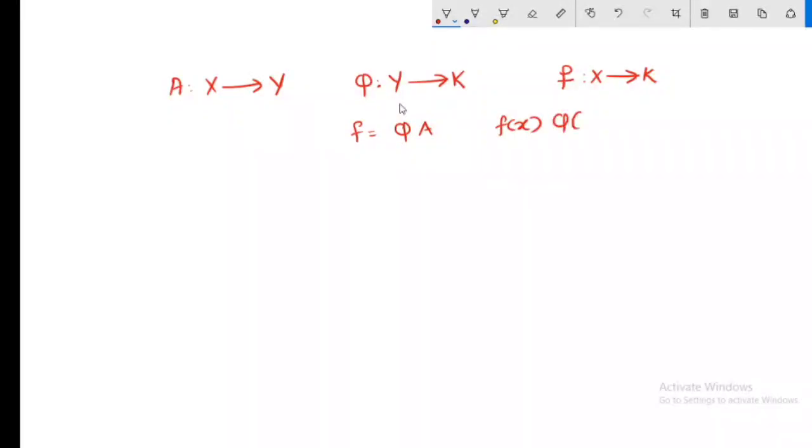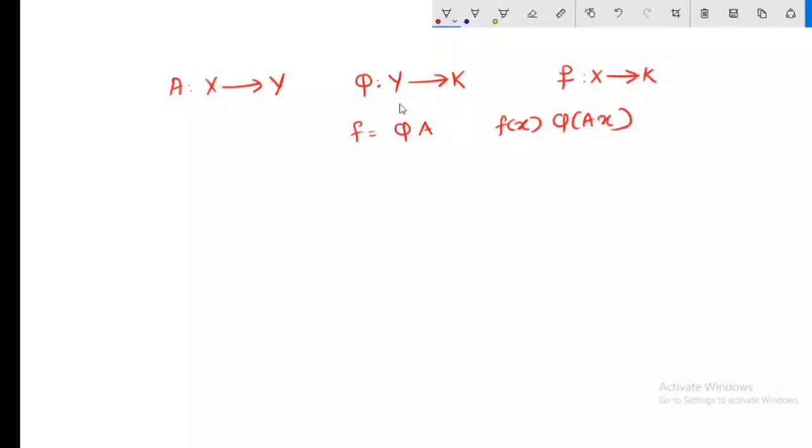Thus we get, for any bounded linear operator A from X to Y and a linear functional phi from Y to K, there exists a bounded linear functional f from X to K such that f is equal to phi A, or f of x is equal to phi of Ax.